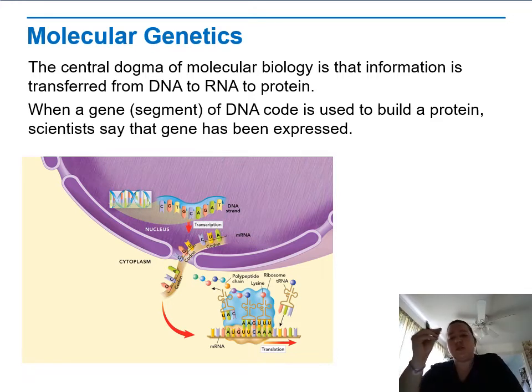This is the central dogma of biology: DNA becomes RNA, which is then translated into a protein, and that's what makes every single thing in your body happen.